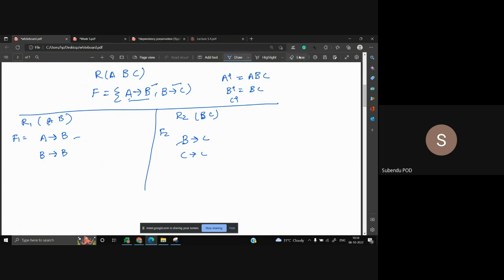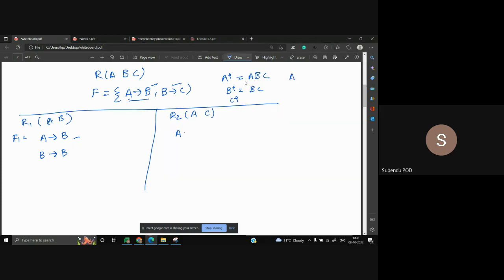Suppose there is a table that is decomposed into, suppose, the AC table. So you have to find the A closure.